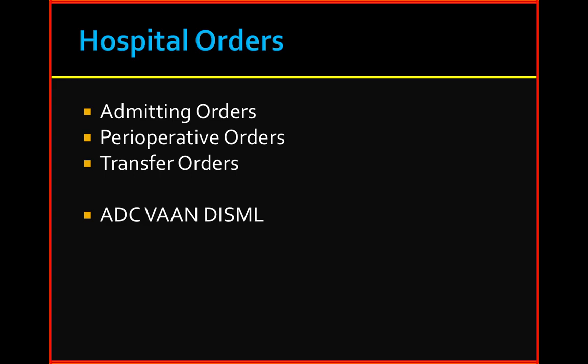So maybe it's daily, maybe it's QHS, maybe it's BID, maybe it's TID. Now TID is different than Q8 hours. If you've never heard this before in pharmacology, Q8 hours literally means every 8 hours they get the medicine. TID just means 3 times during the day they get that medicine. So they could choose to take it maybe at breakfast and lunch, and then maybe they're going to take that third one right before they go to bed.